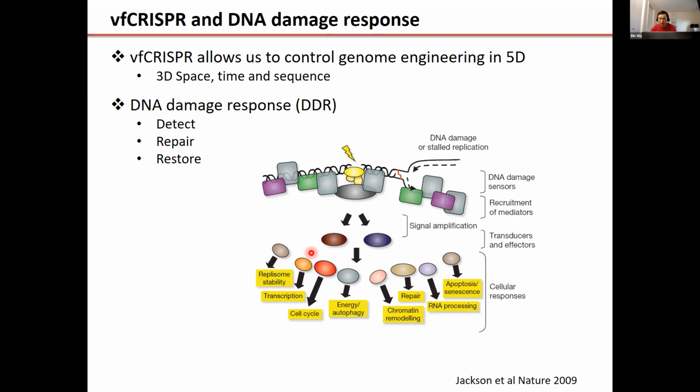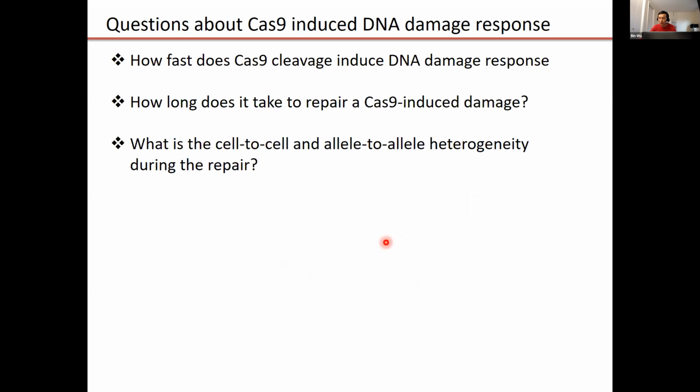Failure to repair DNA leads to cell cycle arrest or cell death, and defective DDR often leads to many diseases. So there are many questions related to the DNA repair of Cas9-induced DNA damage. For example, how fast can the cell detect the Cas9 cleavage, and what is the cell-to-cell and allele-to-allele heterogeneity during the DNA repair?